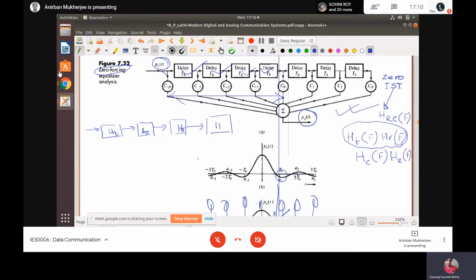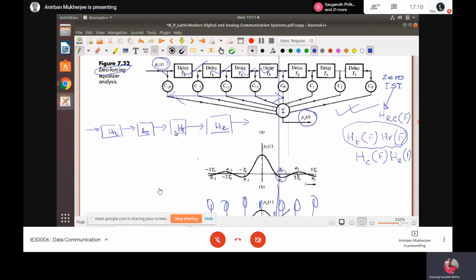So that means, when you have designed the input of the equalizer, if there is no channel degradation, if HCF equals 1, then it is the HT and HR product.